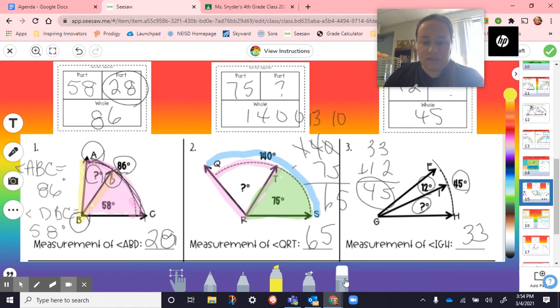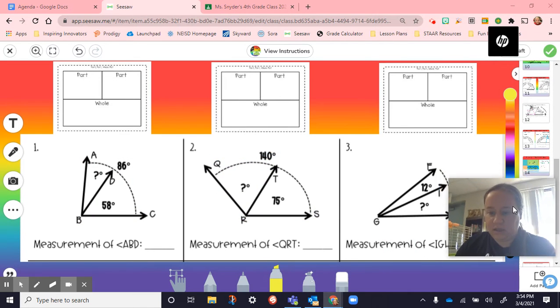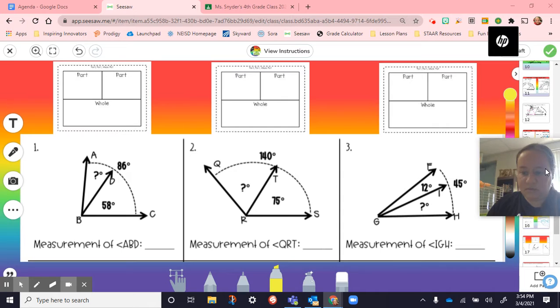And the first one we did, let me erase all this. All right, so this first one that we did, you've got an angle here. And the angle, the whole thing is ABC.